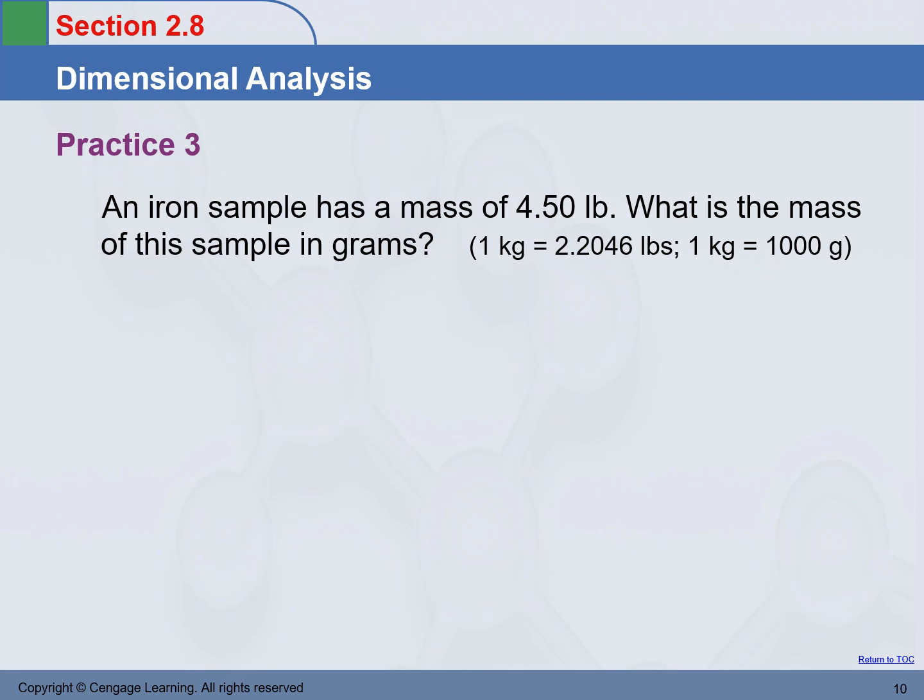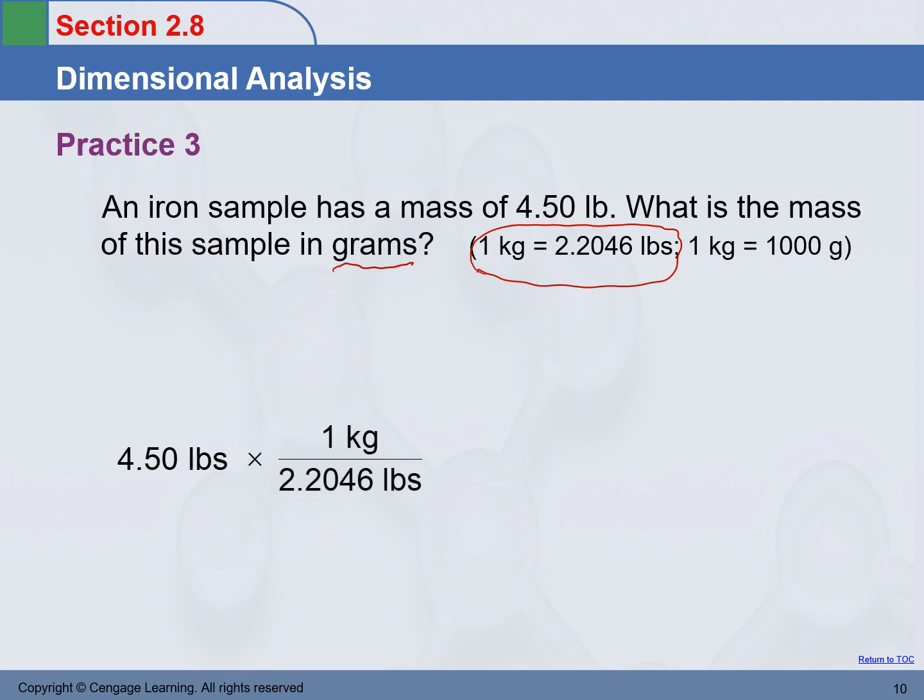Another practice, which is almost identical to the one on the last slide. The only difference is that the final unit is grams, not kilograms. Starting unit, pounds. From the last slide, with this conversion factor, we converted from pounds to kilograms, and that was the setup.